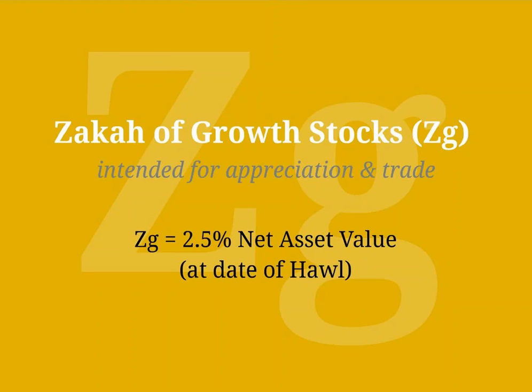If there is also any cash, the cash will be added. Then we divide the zakatable assets by the total outstanding shares, so you get the zakatable base per share. Then you use this number to multiply by the total number of shares that you have, and then you multiply it by 2.5%. Then you take into consideration the type of account, whether this is an IRA account, and whether the person is older than 59.5 or younger than 59.5.